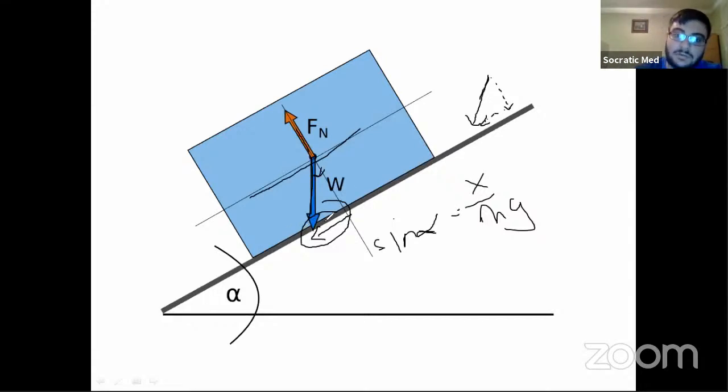So we broke down this one blue arrow, the weight, into this arrow going down and this arrow going left, right? Because this arrow is on this axis and this arrow is on this axis. So they're actually on the axis, and we can use the two arrows, but we can't use the one arrow. So we want to break it down into two arrows.